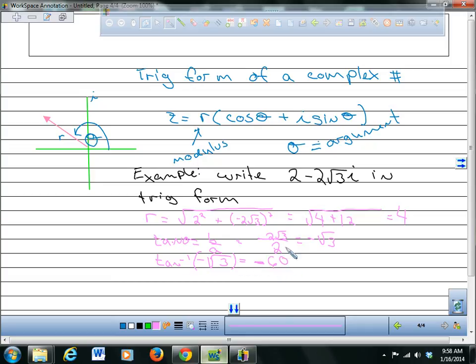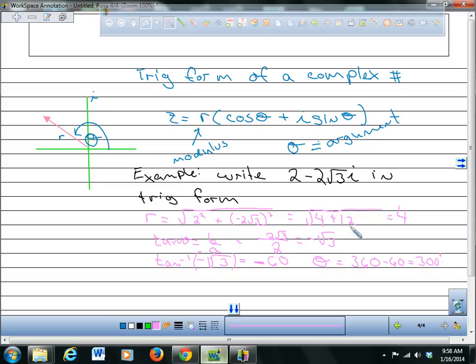But that's not the angle. You want the angle from the x-axis to that point. So what would that angle be? That means theta is equal to 360 minus 60, which is 300 degrees.